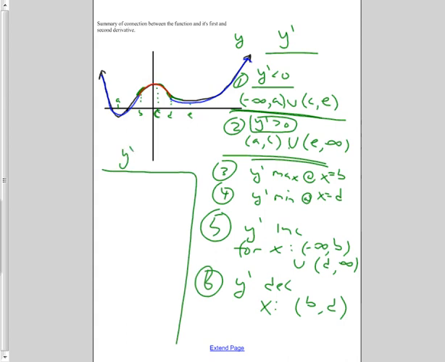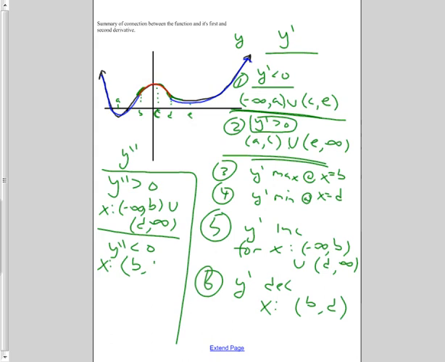Now y double prime is going to be greater than 0 wherever the function is concave up. That's where it's blue, so for x from negative infinity to b, and from d to infinity. It's going to be less than 0 in red, meaning the function is concave down, and that happens for x between b and d.